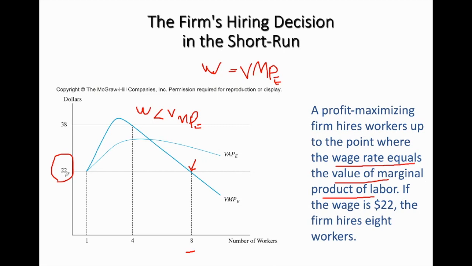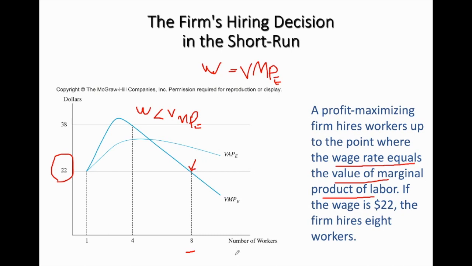Wage rate is now $22. Over here we find that the additional revenue brought by the 4th unit of worker is more than the cost of hiring that additional unit of worker. In that case, the firm should therefore keep hiring up until the wage rate is equal to the value of marginal product of worker. That's the rationale of the rule.